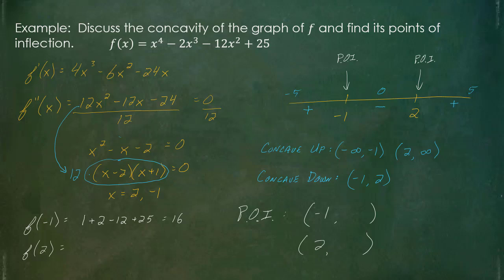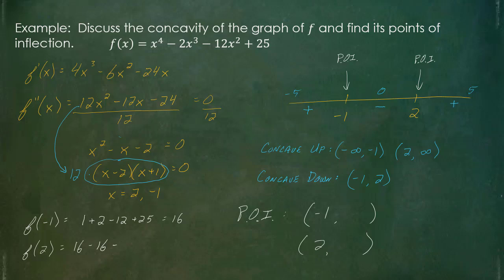Next one's going to be a little bit tougher. 2 to the 4th, that would become 16. And I've got minus 2 times 2 to the 3rd, so that would be a 2 times 8, so that's going to be minus 16. That's kind of convenient.